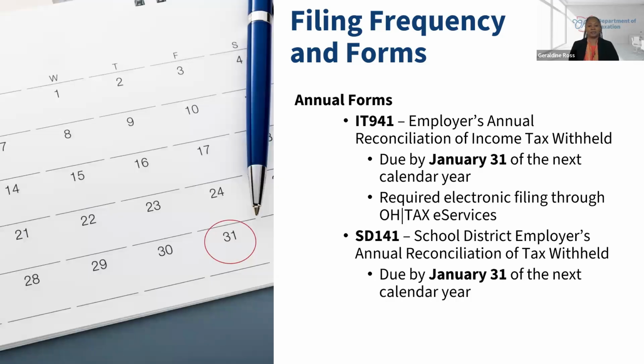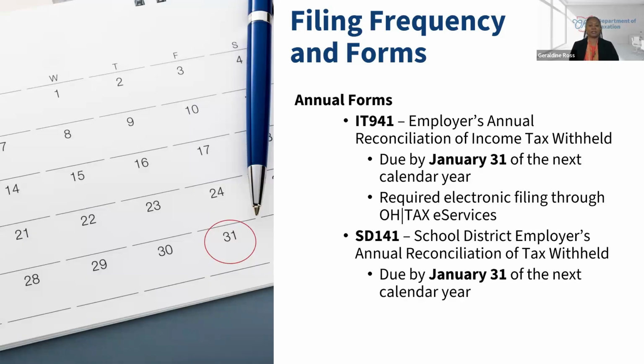The annual forms. We have an IT 941 annual reconciliation of income tax withheld due by January 31st of the next calendar year. Required electronic filing through OH Tax eServices. And for school district, the SD 141 school district employer annual reconciliation of tax withheld is due by January 31st of the next calendar year.